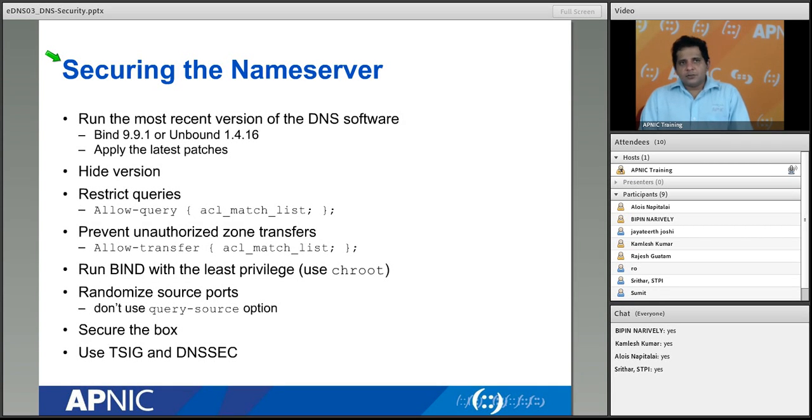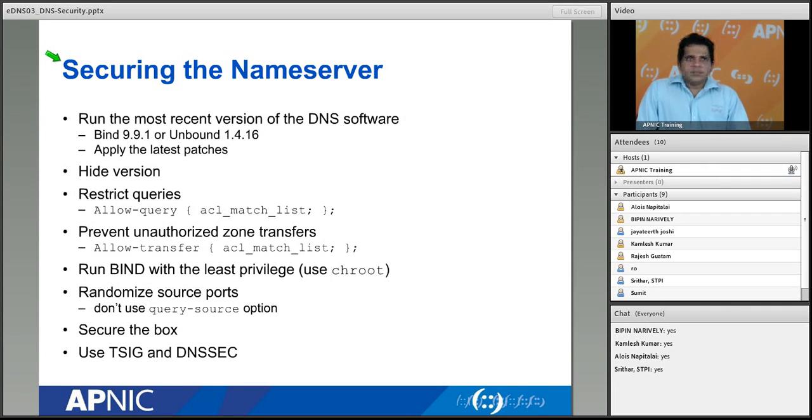And then we have, of course, the clients who are asking these questions. So we have to make sure that these are all valid questions and answers. Now, talking about various DNS or name server software, there are open source ones and commercial ones as well. I won't go into too much detail about name server software, but it's all up to you whether to have an open source one or a commercial one.